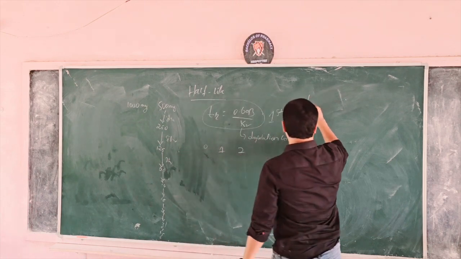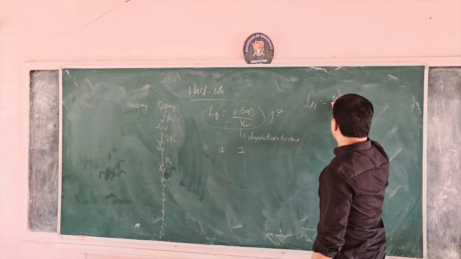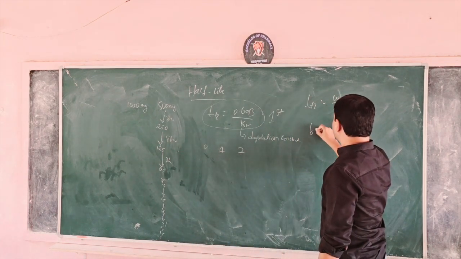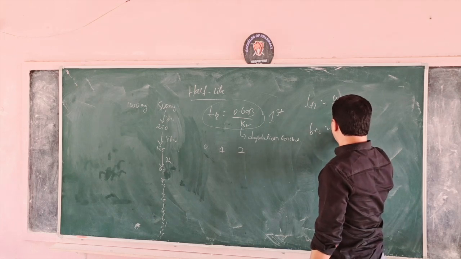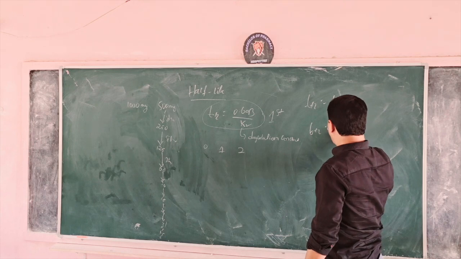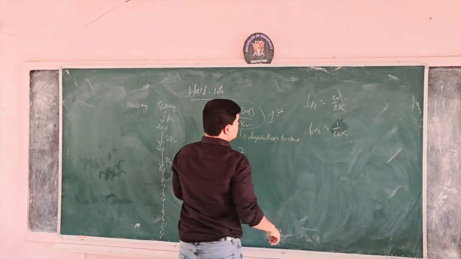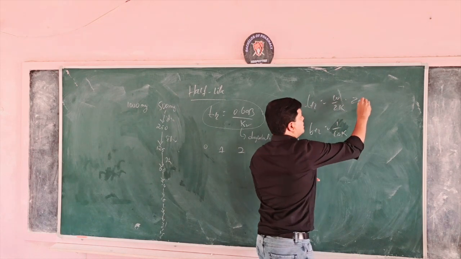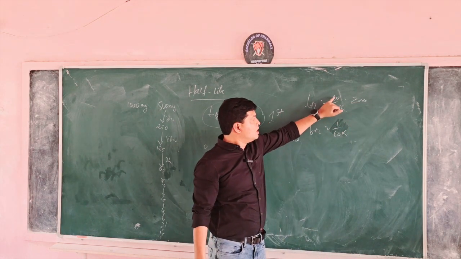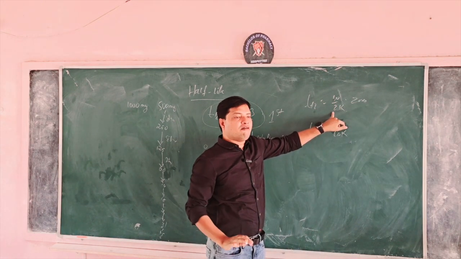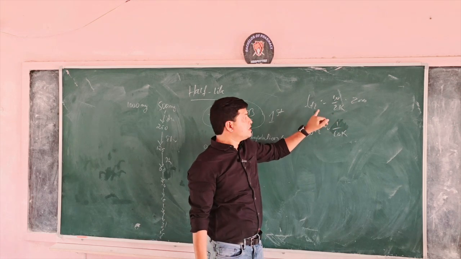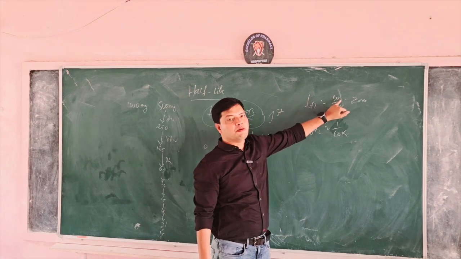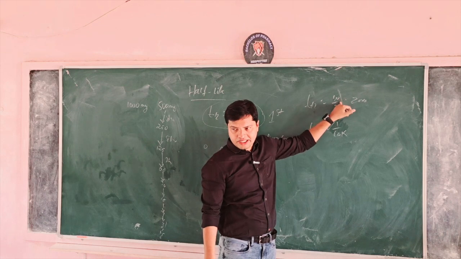See, zero order kinetics, half-life is C naught by 2K. Second order, 1 by C naught K. For zero order, half-life is C naught by 2K, which means half-life is directly proportional to initial concentration.